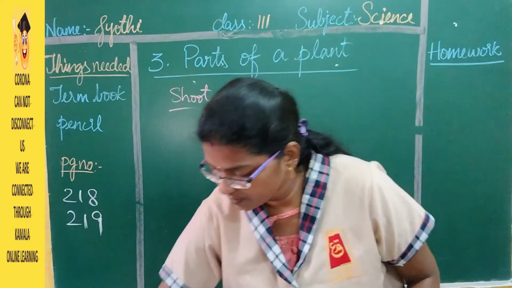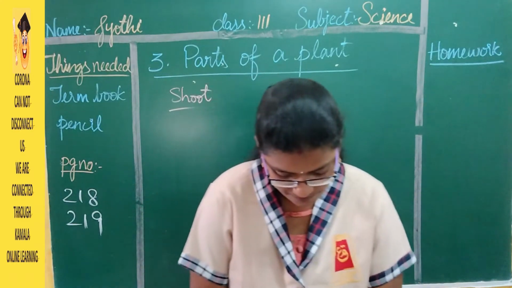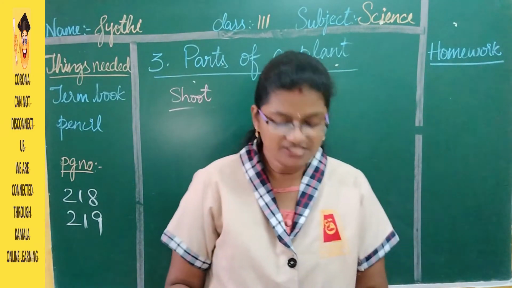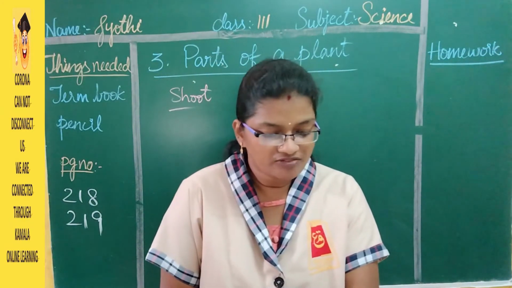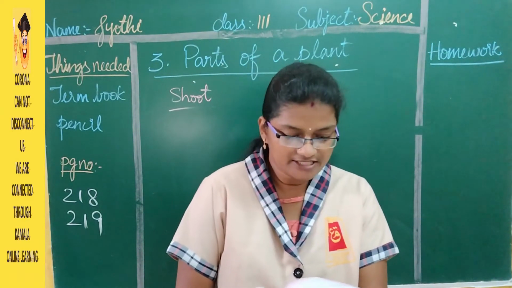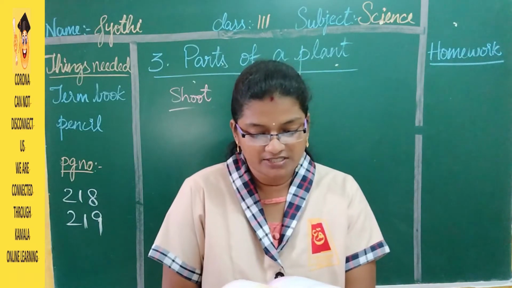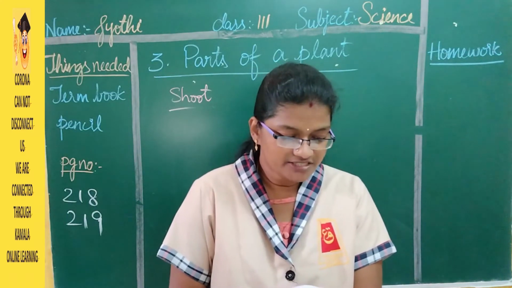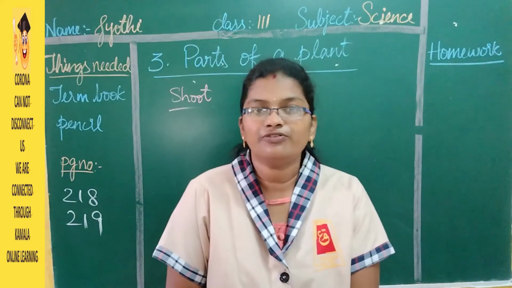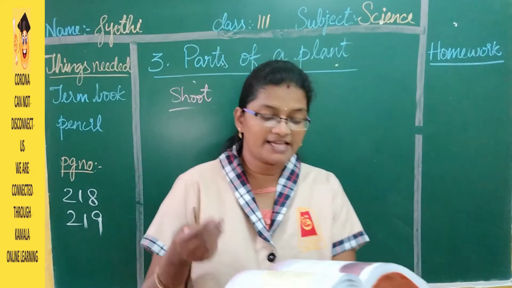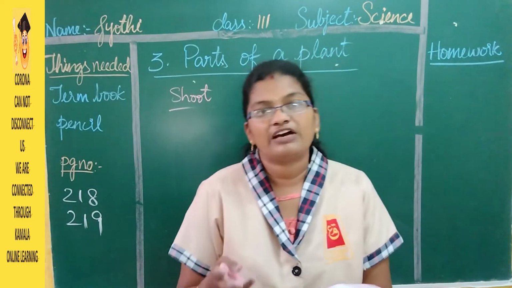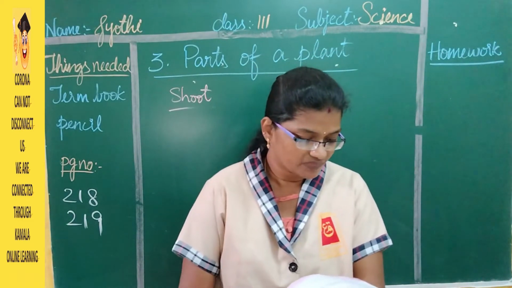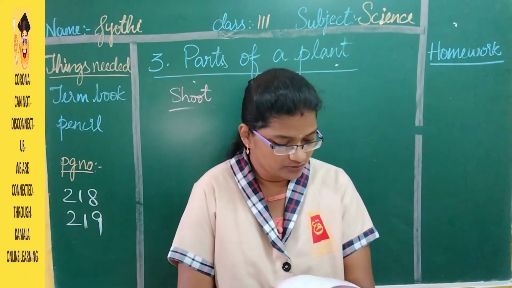So look into the textbook. Page number 218. Shoot. It consists of a stem including its parts, the leaves, branches, flowers, buds and fruits. Just now as I told you, it has stem, leaves, branches, flowers, fruits and even buds also.